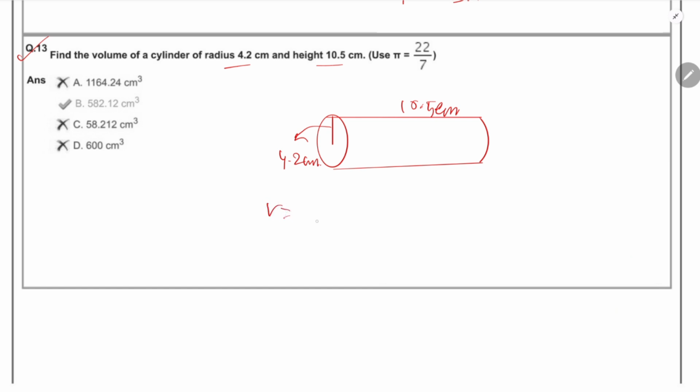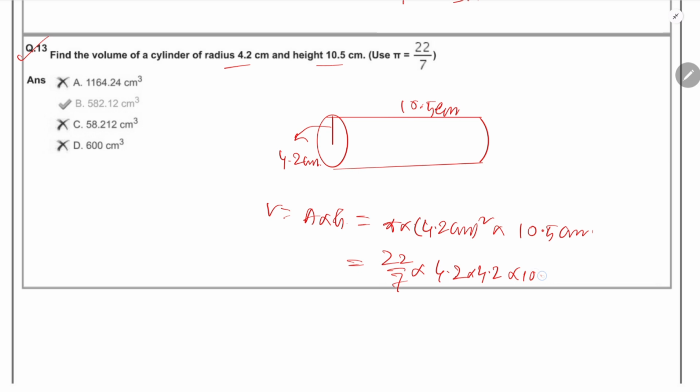V is equal to the area into height. Area is equal to pi r square. This is pi into 4.2 square into height 10.5, and this pi value is 22 by 7 into 4.2 into 4.2 into 10.5.